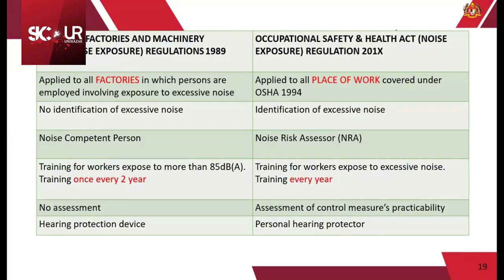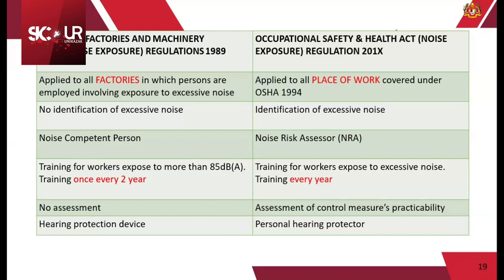Apply to the all factory in which person are employed involving exposure to the excessive noise. So di bawah OSHA, apply to all place of work. Tak kisahlah mana-mana. Sebab dalam OSHA, dalam jadual 1, so ada 10 trade pekerjaan, kesemuanya adalah terguna pakai. Di bawah FMA, no identification of excessive noise. So dalam regulation yang baru telah di-identification.